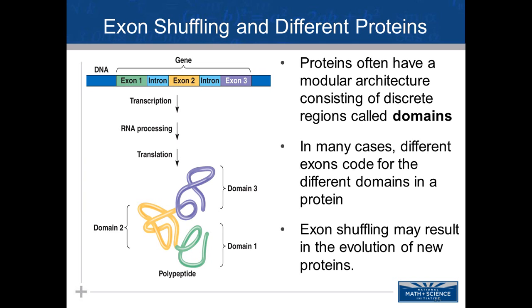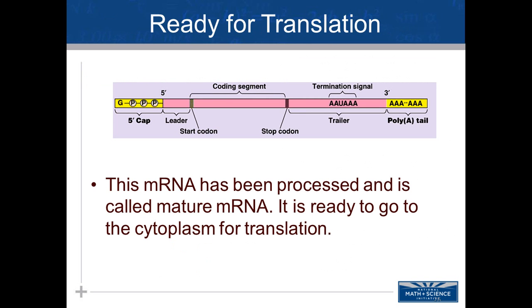And there's a domain shuffling, if you will, to produce different kinds of messenger RNA, which ultimately results in different kinds of proteins. This exon shuffling and rearrangement of these domains happens in the production of different kinds of antibodies in the immune system. And this will also allow you to have fewer genes but yet have a greater number of proteins.